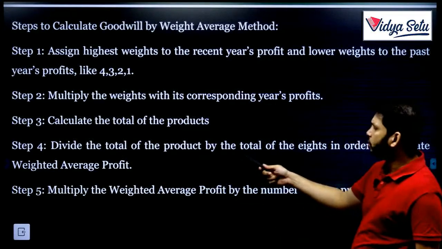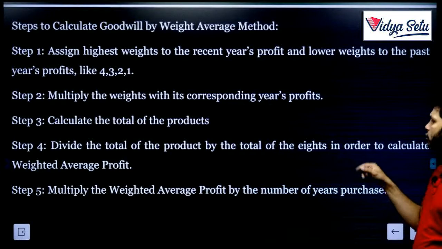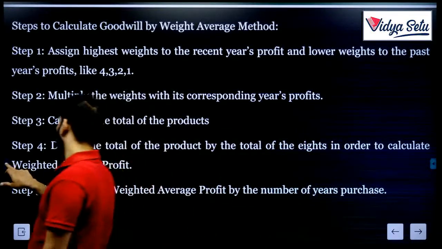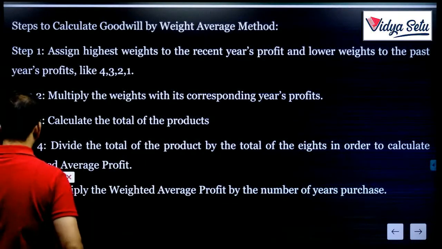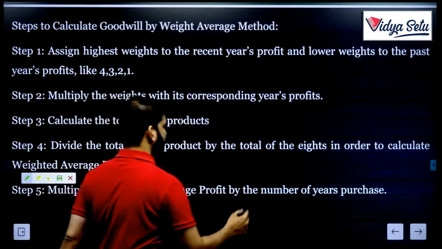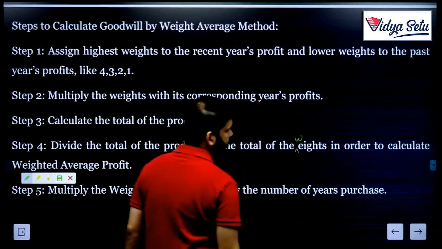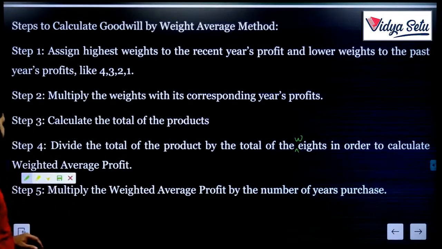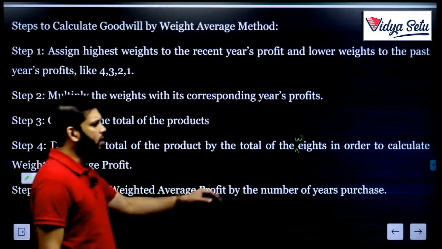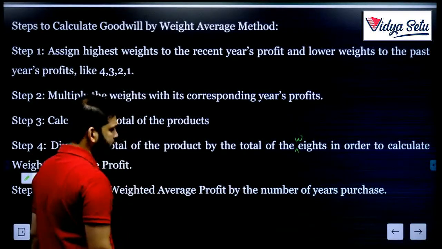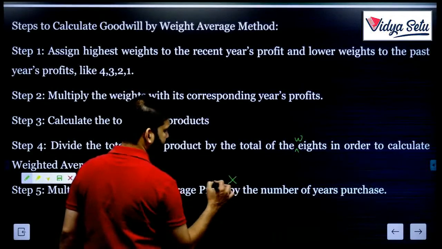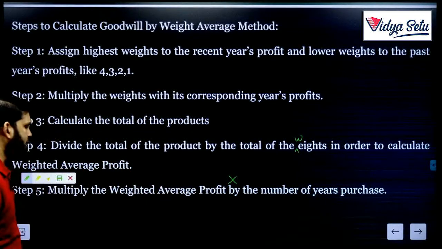Divide the total of the products by the total of the weights in order to calculate weighted average profit. And last step, multiply the weighted average profit by number of years of purchase.